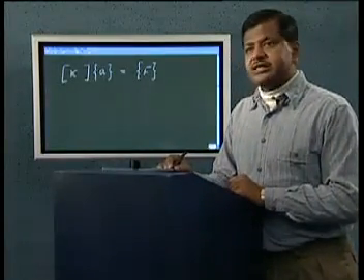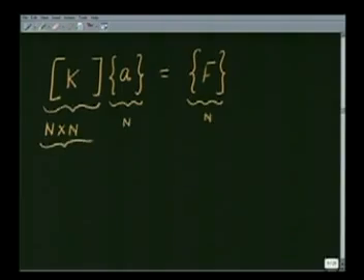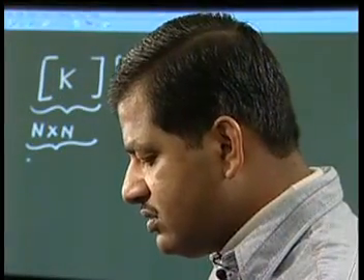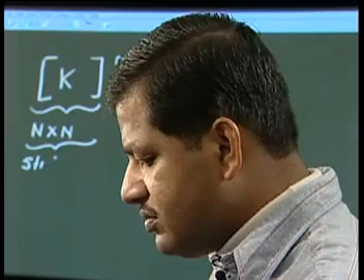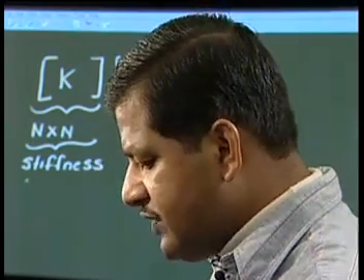You look at this matrix K. This matrix K is of size n by n for the problem that we have taken. This is a vector of size n, that is it has n coefficients a1 to an. This matrix, as we will see, can be called the so-called stiffness matrix.